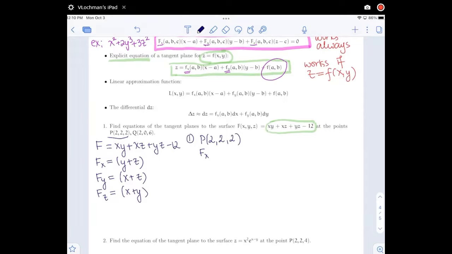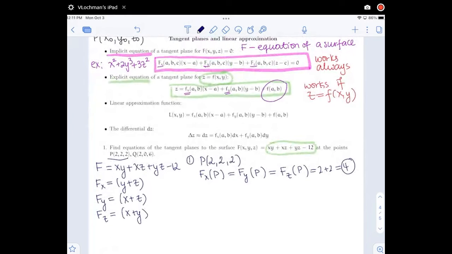So fx evaluated at P, they're all going to be the same, right? It's just 2 plus 2. It's the same as fy evaluated at P, which is the same as fz evaluated at P, and it's just 2 plus 2, 4. So you can think about it as that you found that normal vector.